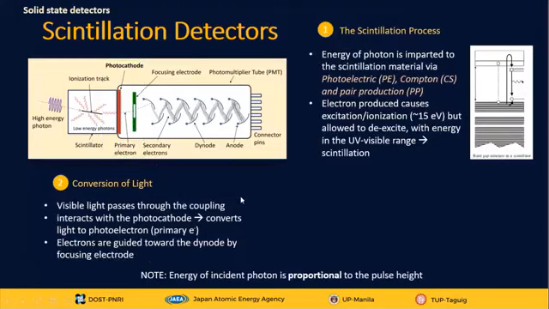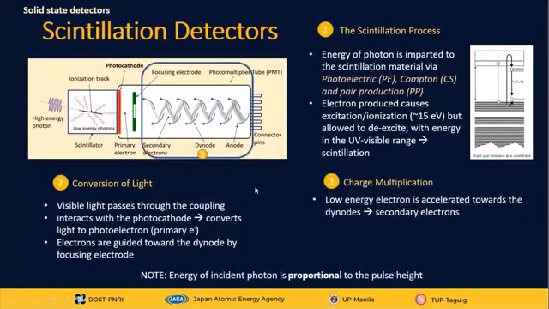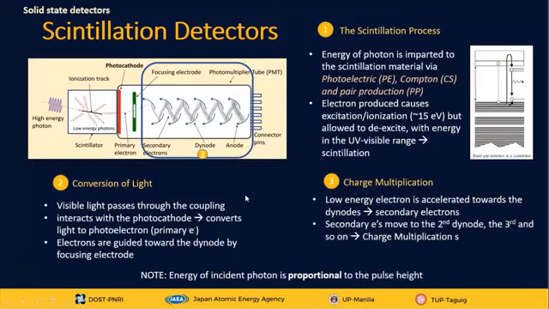And then the third stage is charge multiplication in the photomultiplier tube. The low energy electron is accelerated towards the dynodes, producing secondary electrons. The secondary electrons then move to the second dynode, the third, and so on, causing charge multiplication. The collection of charges in the anode then generates the current or pulse that can be measured.